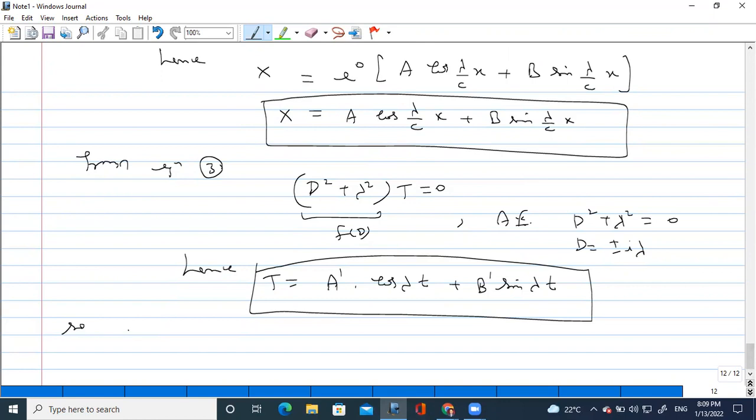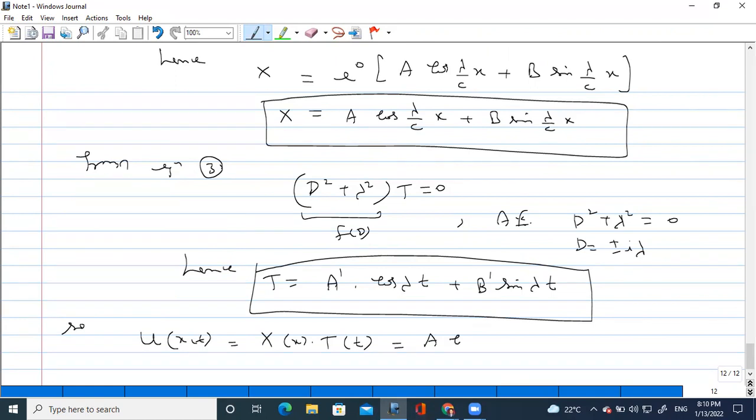So your solution u of x, t will be the multiplication of both, x into t.